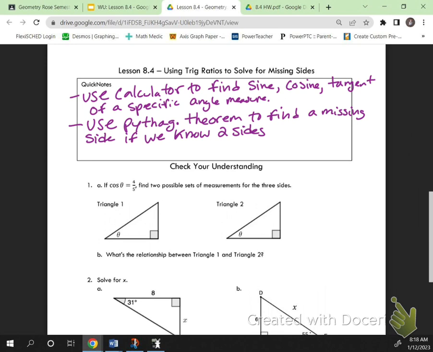And the last thing we did in problem 6 that I just modeled for you is we can solve for an unknown side using a trig ratio.